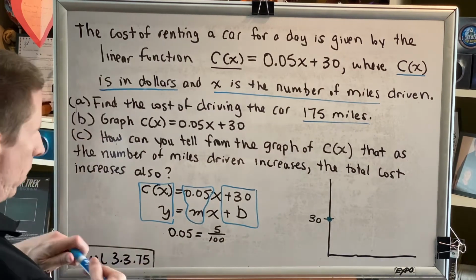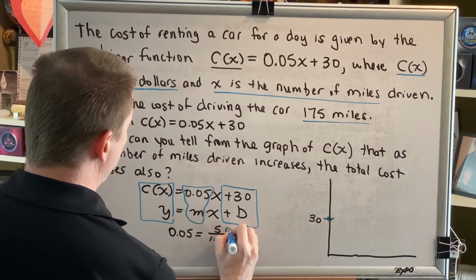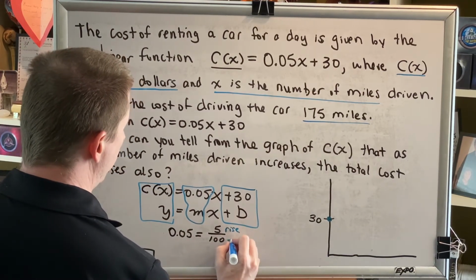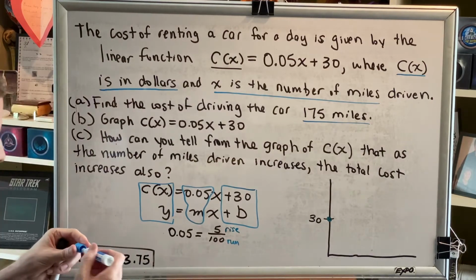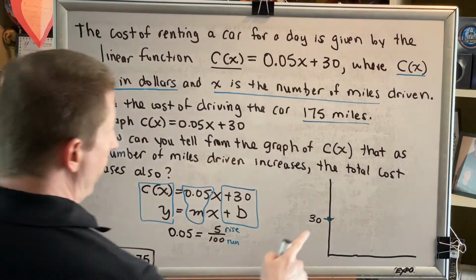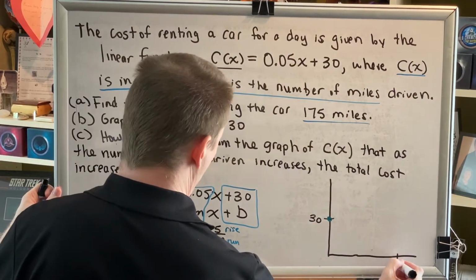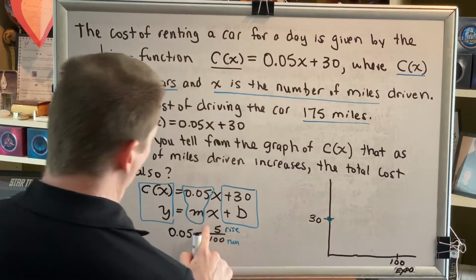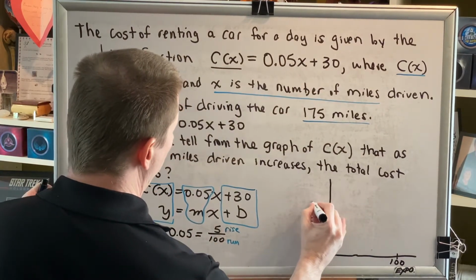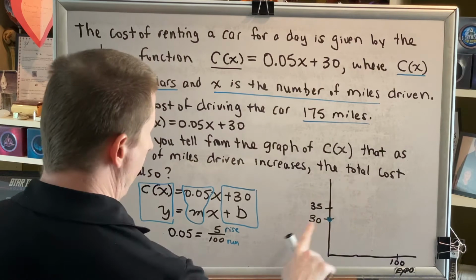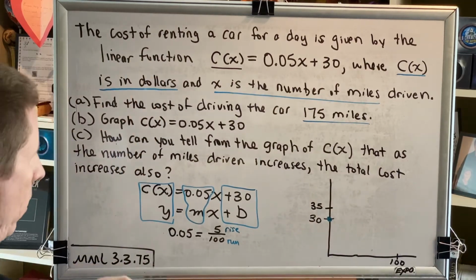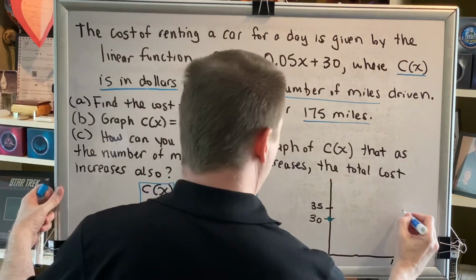All right, so this is my rise, and this is my run. So, if I start at this point, and I go up 5, and then to the right 100, I will end up at this point.